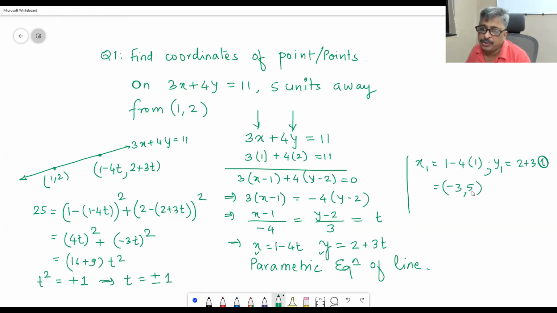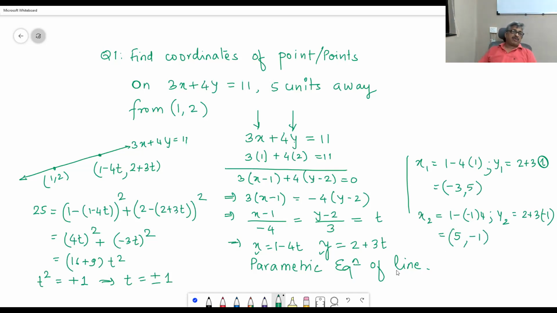Minus 3, comma 5 is one point, which is 5 distance away. And if I use parameter t equal to minus 1, then I will get x2 is 1 plus 4, comma y2 is equal to 2 plus 3 times minus 1. That makes it (5, minus 1). These are the 2 points which are 5 distance away from the base point. This is the base point.